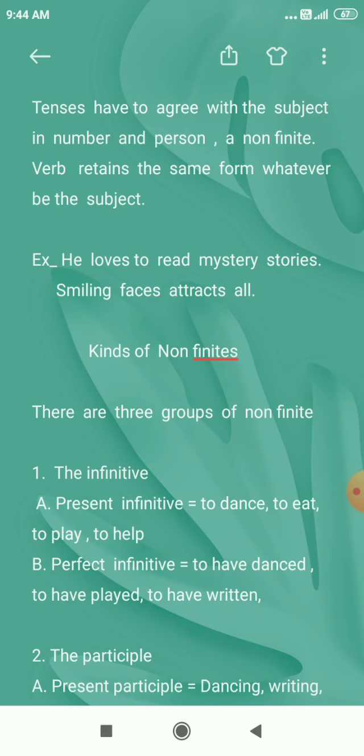Kinds of non-finites. There are three groups of non-finite. The first one is the infinitive.